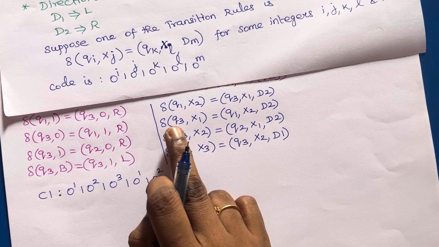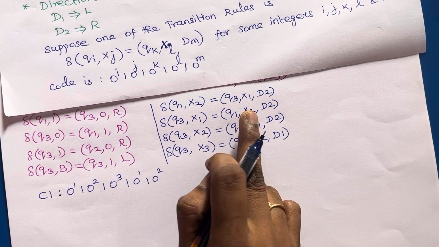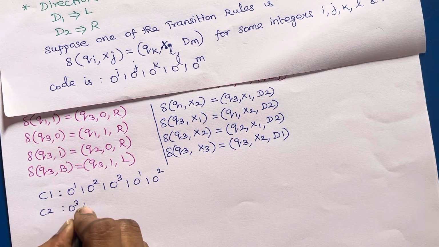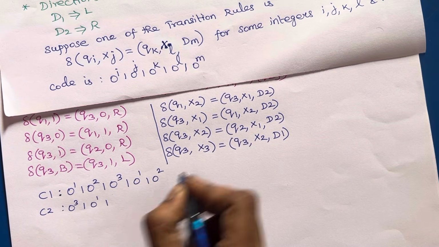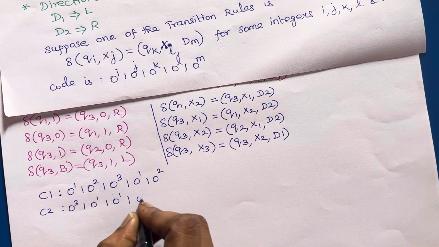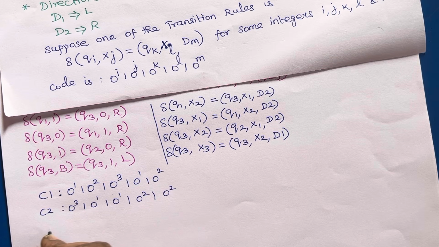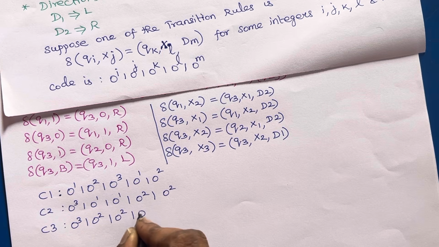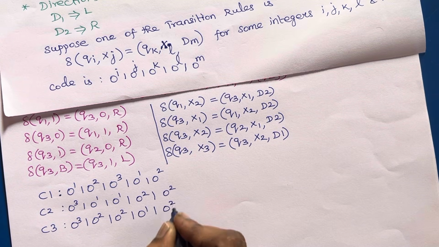Next we need to write the code for the second rule. So C2 equals 0 power 3, 1, 0 power 1, 1, 0 power 1, 1, 0 power 2, 1, 0 power 2. C3 is 0 power 3, 1, 0 power 2, 1, 0 power 2, 1, 0 power 1, 1, 0 power 2.